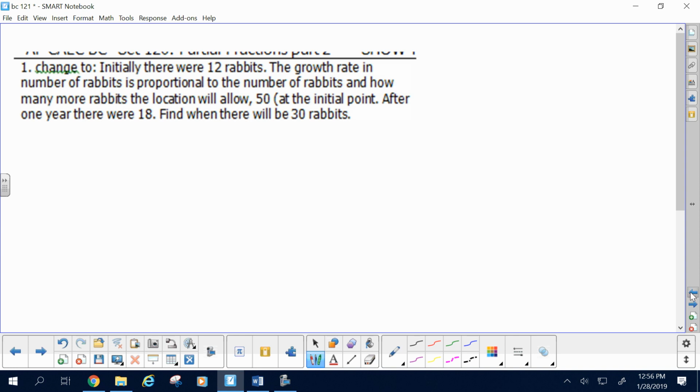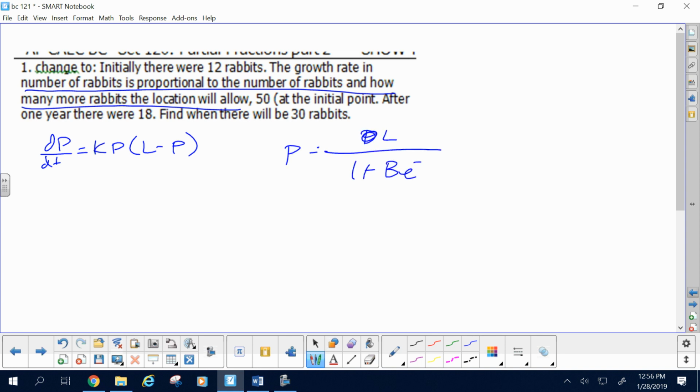Okay, so this is logistic growth. All right, so we know that the equation should be logistic. Can you tell me anything? L is 50, okay.